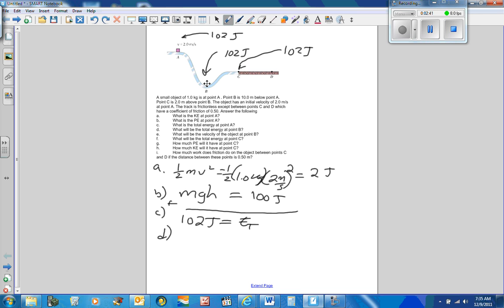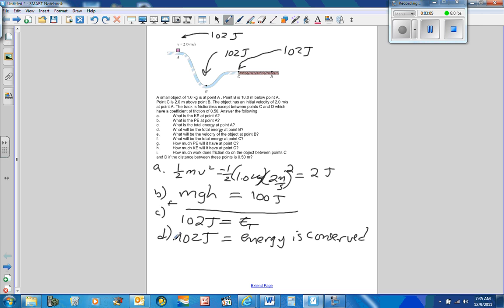Down here I have only kinetic at B. At C, I have again kinetic and potential. I have more kinetic at C and less potential. I have more potential up here and less kinetic. But when added together, it's 102. So this is 102 joules also, because I'll just write this down, because energy is conserved.